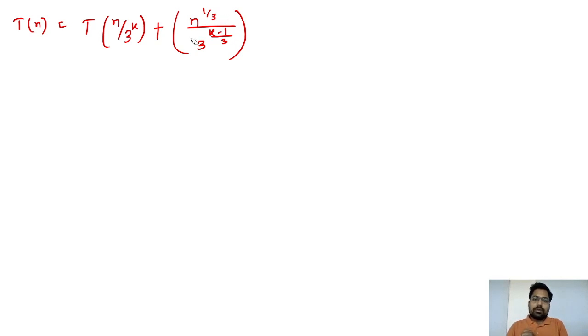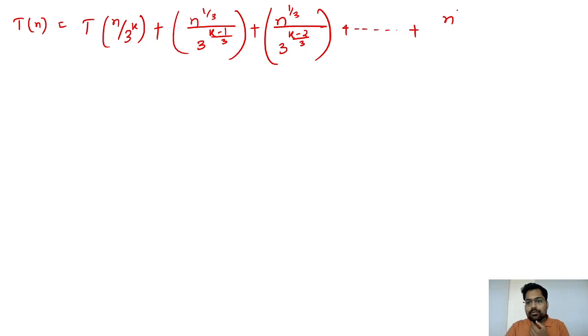Okay, so let us think we opened it for a while, or better we can take this one, 3 to the power k minus 2 by 3. I have entered the 1 by 3 as a power to make it simpler. Okay, so n by 1 by 3 by 3 to the power 1 by 3 as per this formula. Next, n to the power 1 by 3, 3 to the power 0, because 0 into 1 by 3 is 0.